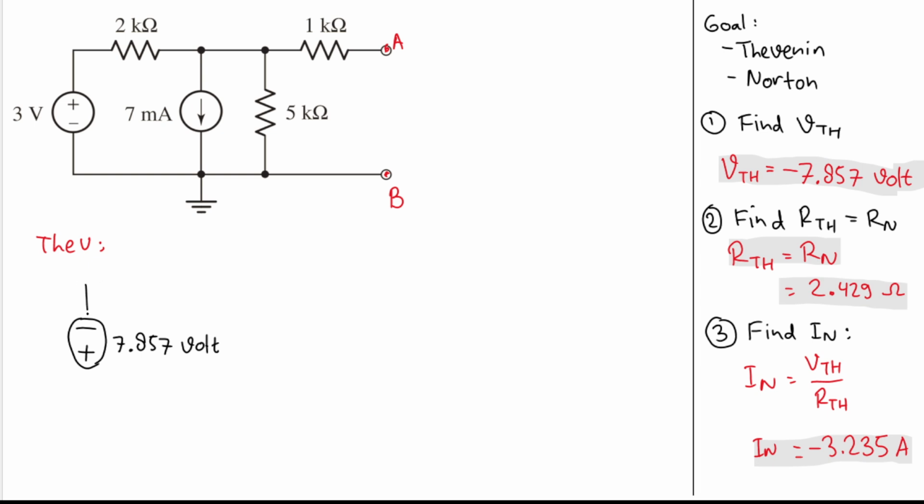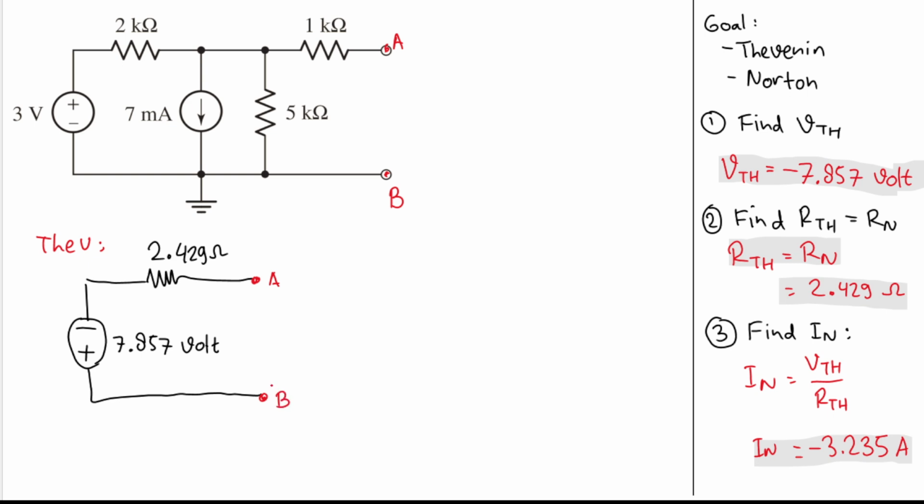And then that is in series with the resistance, right? And what is the resistance? 2.429 ohm. And then that is the terminal. This is terminal A, and this one will be terminal B.